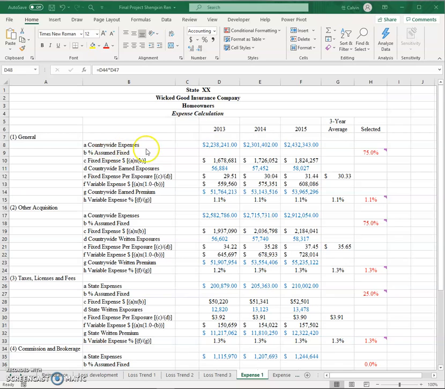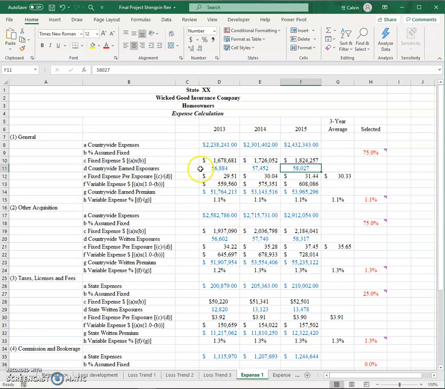You can see the countrywide total expenses are given, and B is the assumed fixed expense. We assume a percentage of fixed expense. We chose 75%, and for the fixed expense part, we just use the total expense times the assumed fixed, and we get this number for each year.